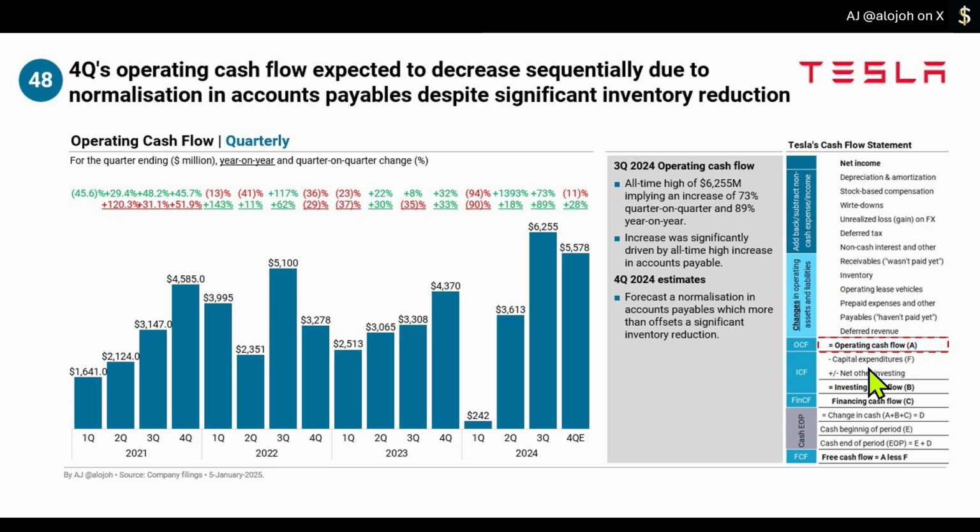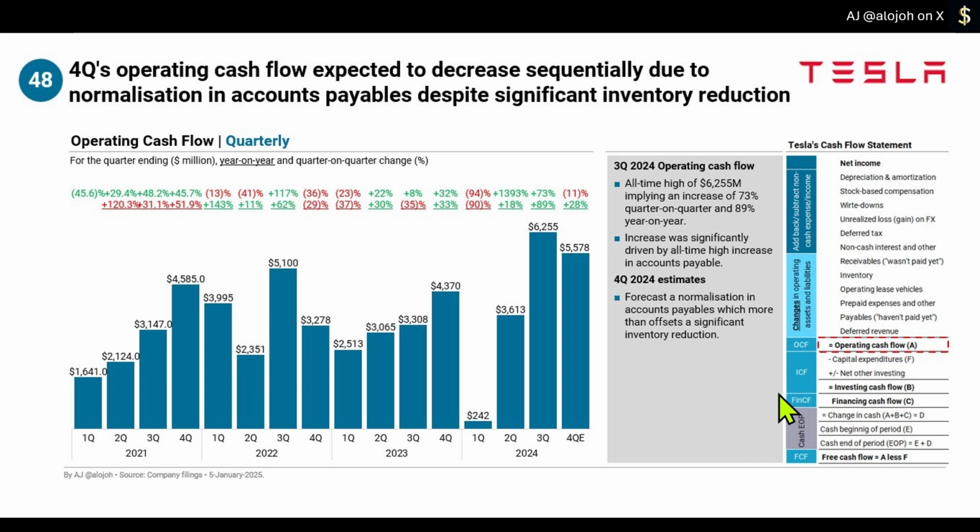In Tesla's case, this is investments in AI, factories, equipment, tooling, and so on. But also how much cash Tesla invests in, for example, short-term investments that we discussed earlier. This would be a deduction. And the net result of that investing activity would be the investing cash flow.